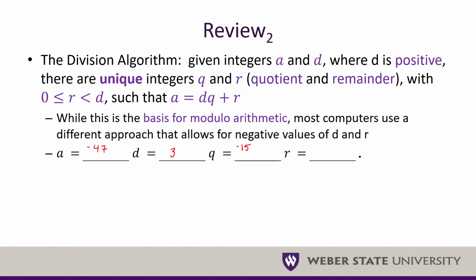My remainder, the thing that I have to add to it, is negative 2. But that breaks my rule that the remainder has to be between 0 and D. It can't be negative. So negative 15 is not the number we want. We want negative 16, which gives me negative 48, and now I can add a 1 to it. So R is equal to 1.